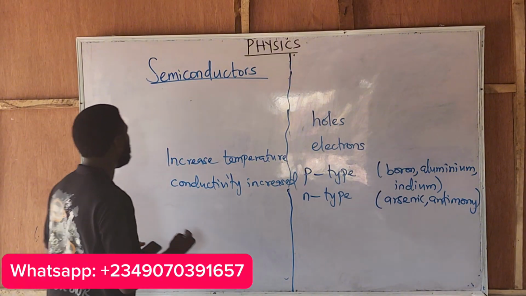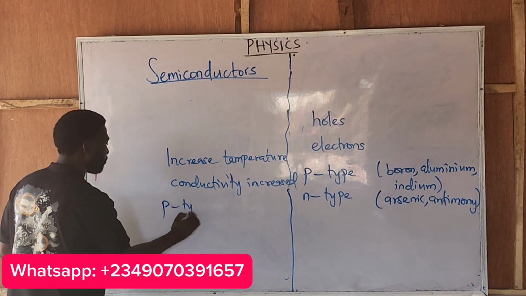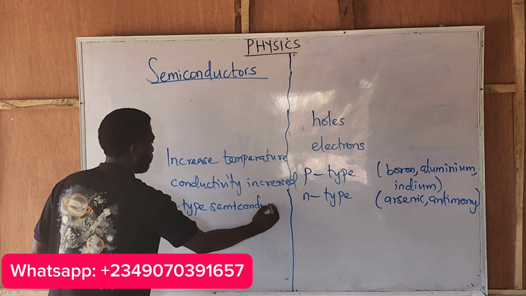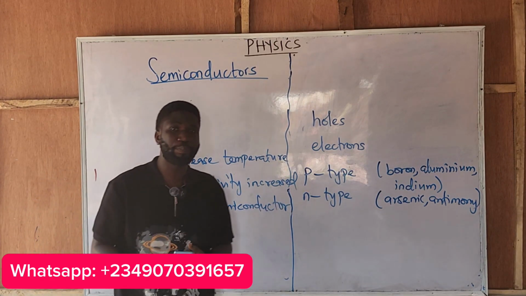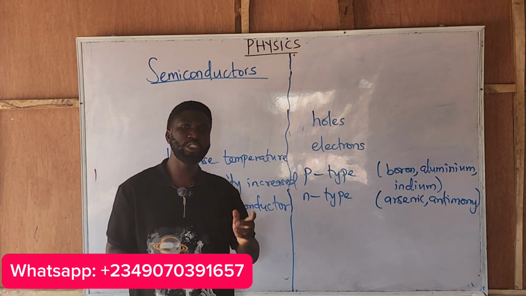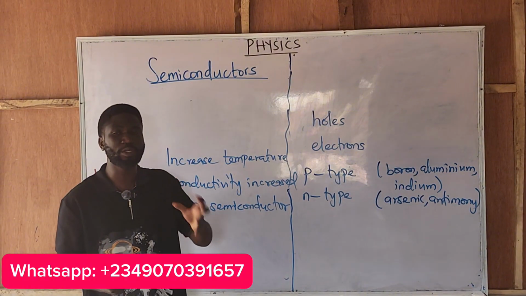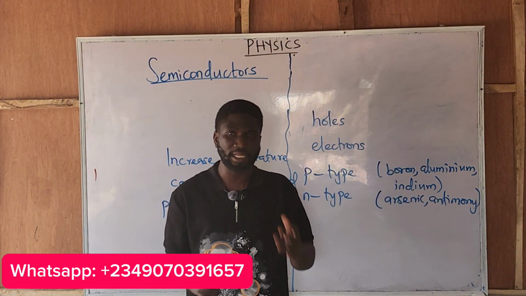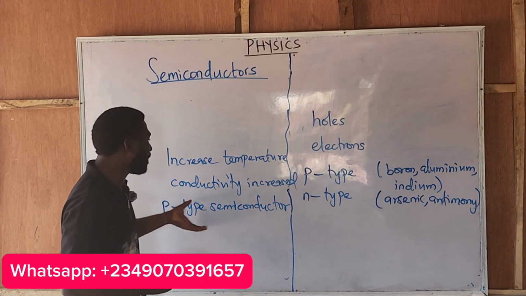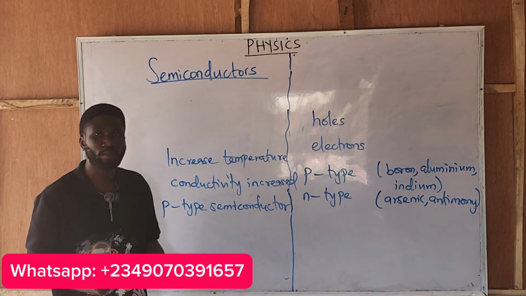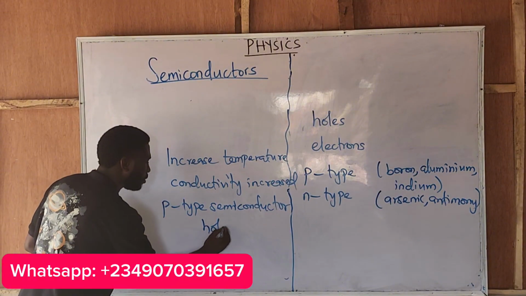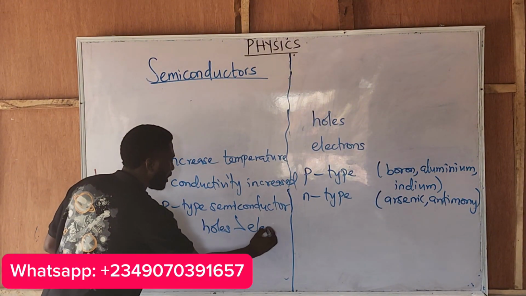The next question says, the major charge carriers in p-type semiconductors are. For the p-type semiconductor, which is said to be impure, remember we said semiconductors have two carriers, the holes and the electrons. When a p-type semiconductor is formed, the number of holes is greater than the number of electrons.